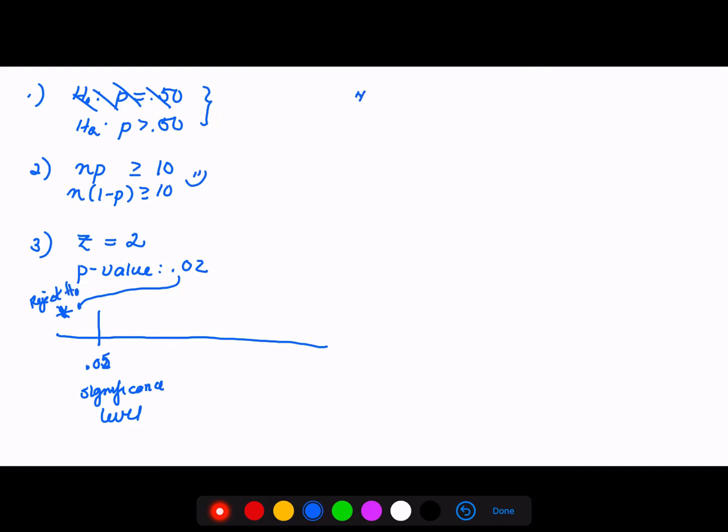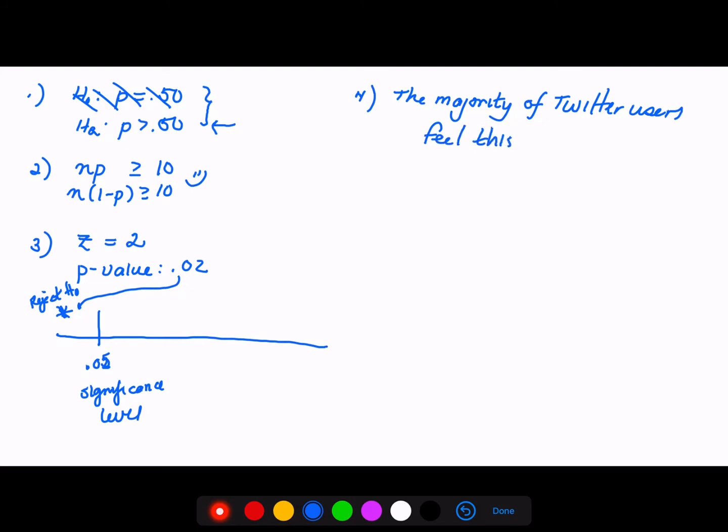And so now let's write a conclusion. If we reject our null hypothesis, we believe that this is true. And so that says that the majority, in other words, more than 50% of Twitter users feel this way.